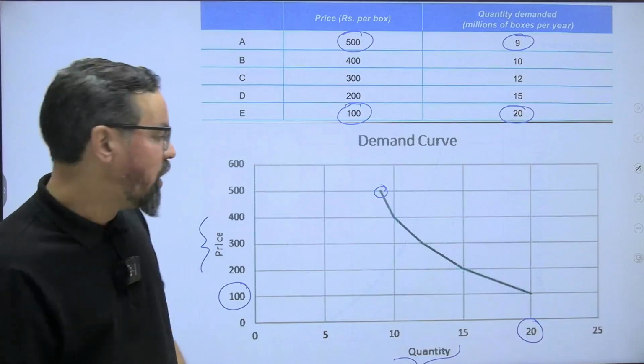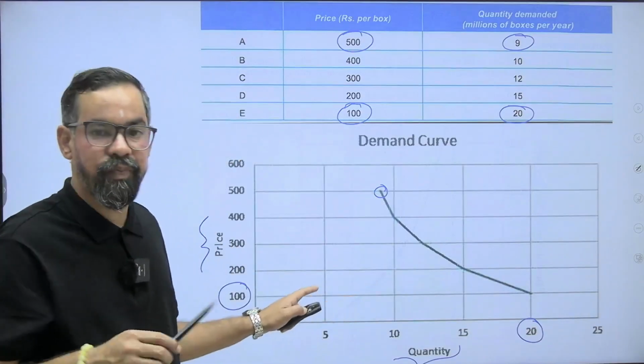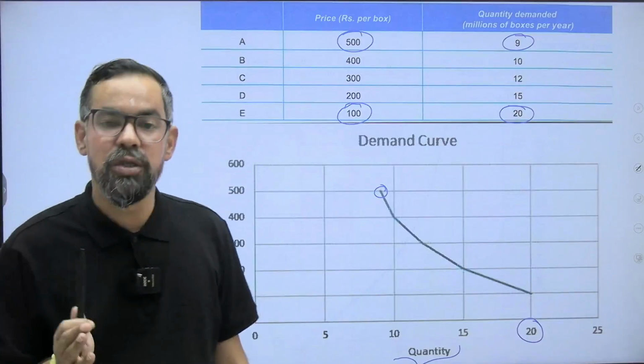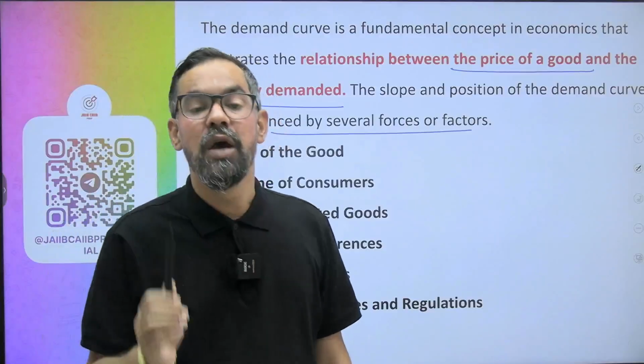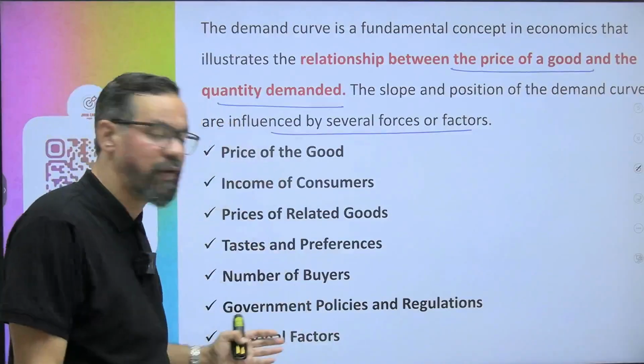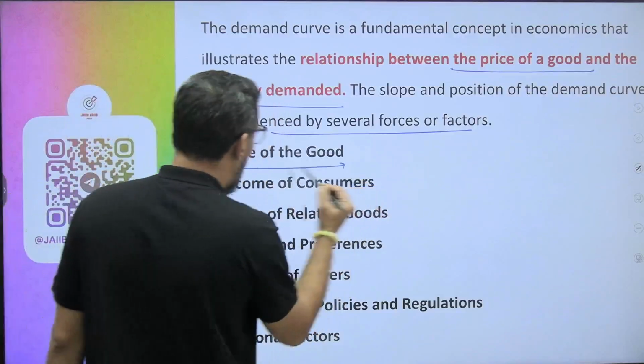Or if it is moving in the opposite direction, towards the left upper side, that means there is less demand. So what are the factors which generally affect the overall market demand? These are the factors, one by one. Price of goods. We all know about this.